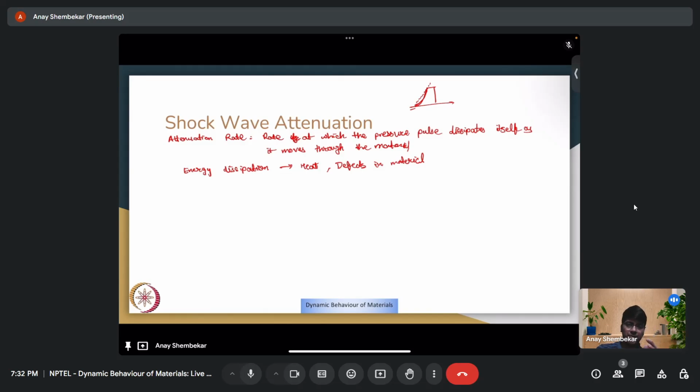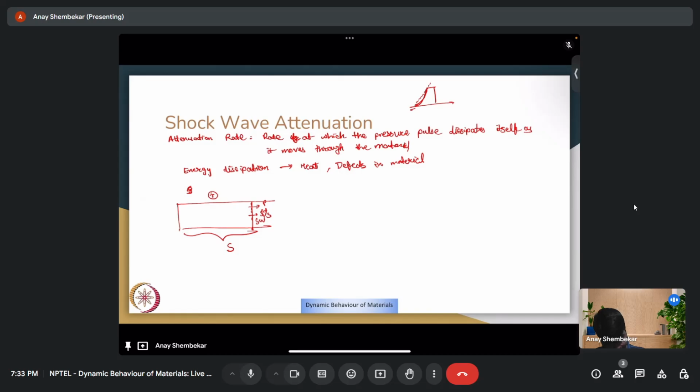So a very simplified model we can use: suppose the distance traveled by the shock wave is S in the material. This is my target T. This is my shock wave. It is moving with US. This is the distance XS, and this is my release. So the release wave also will start matching it.